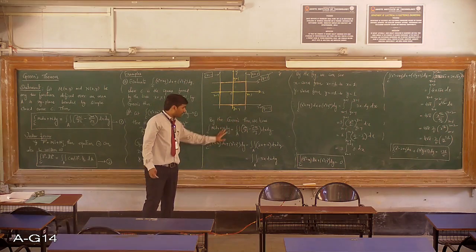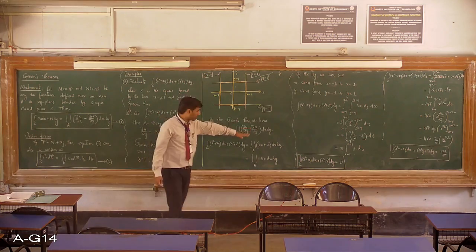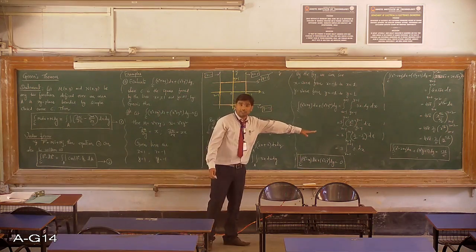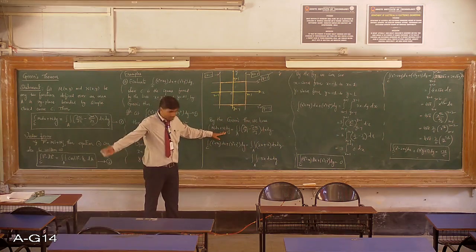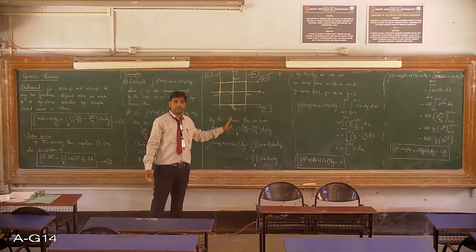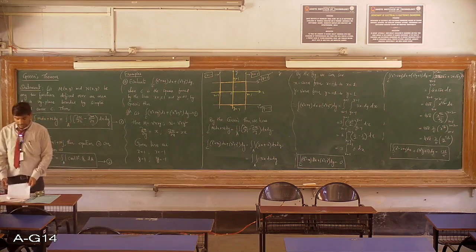You have learned both line integration and double integration, and on double integration I have already evaluated 3 examples, and on line integration we have seen many examples. So you can do that 4th example, that is, verify the Green's theorem.